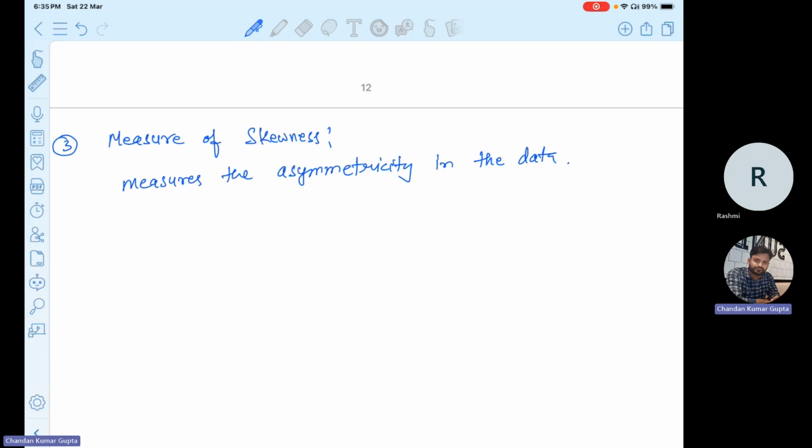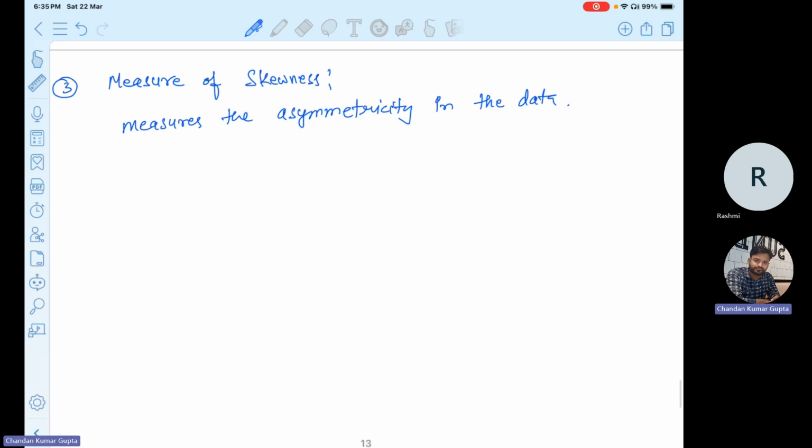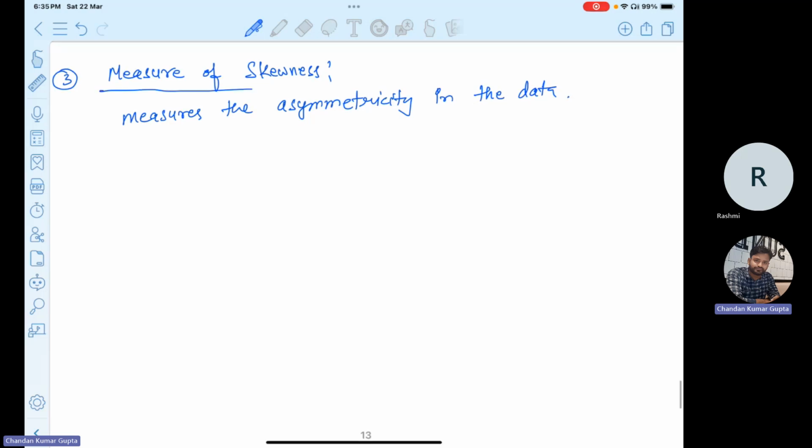We have different kinds of asymmetry, so let me plot some graphs. From the graphs, we are able to get an image of the asymmetry.